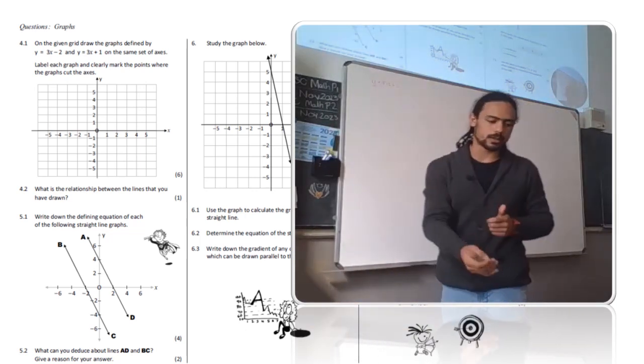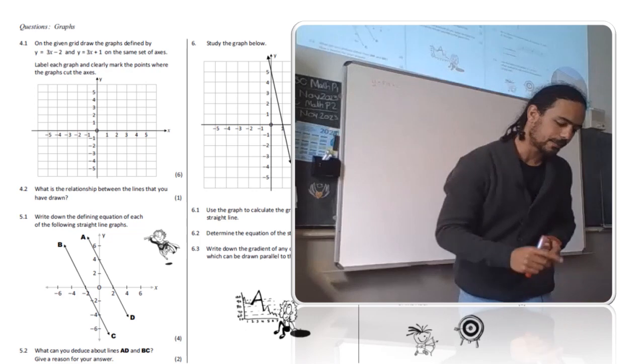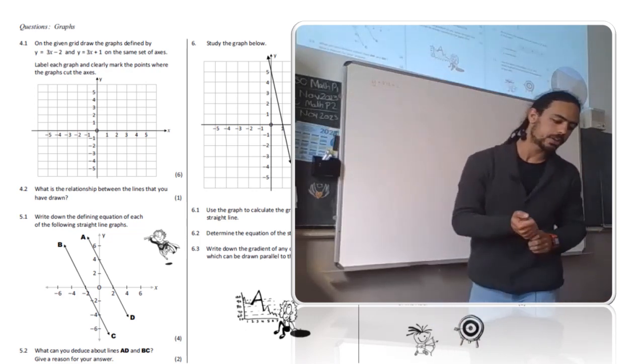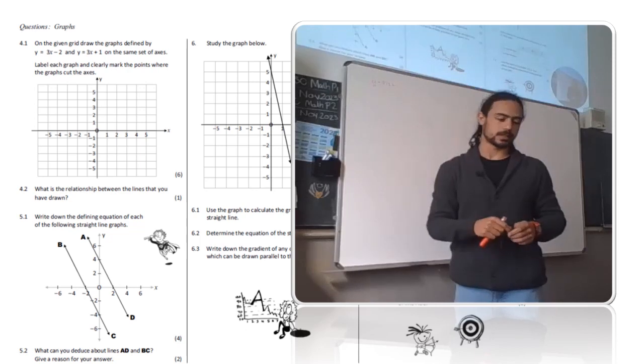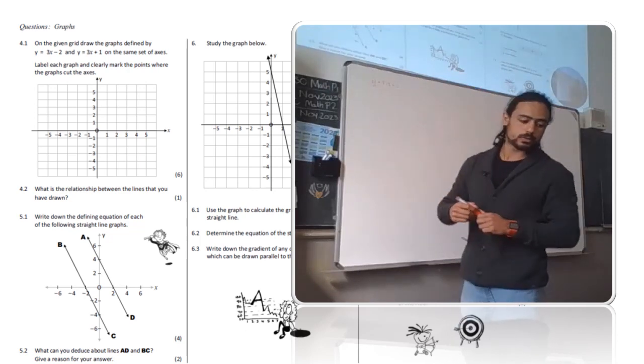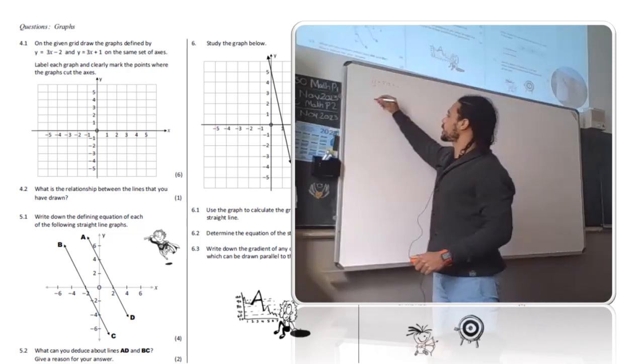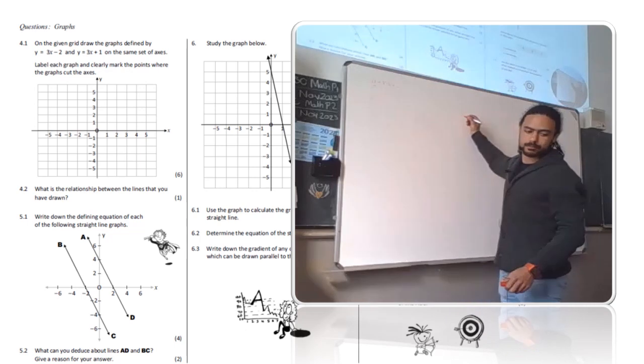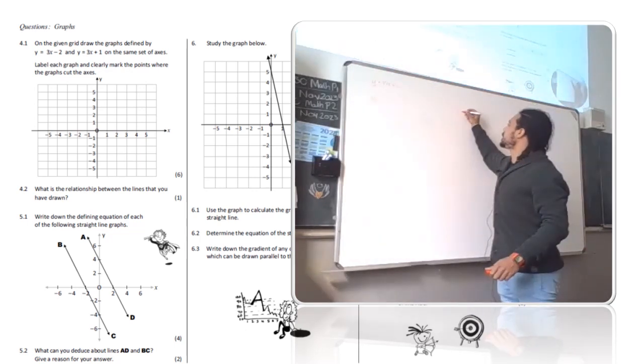Now let's go read the question here. 5.1, they ask us to write down the defining equation of each of the following straight lines. So we have two straight lines there. The first straight line is line AD, and the other one is line BC.